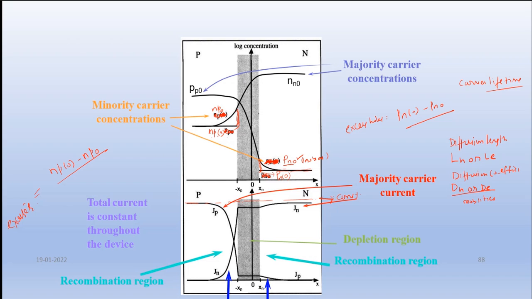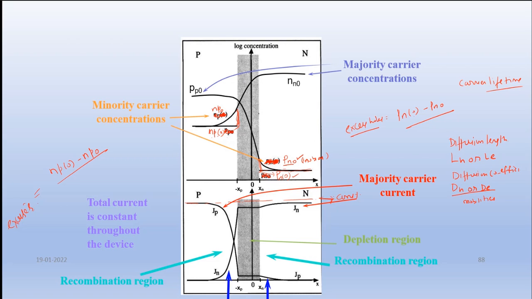But when you apply forward bias, you will get some excess holes, that will be Pn naught. So Pn minus Pn naught will give you how many excess holes you have received at this side because of the forward biasing, right?